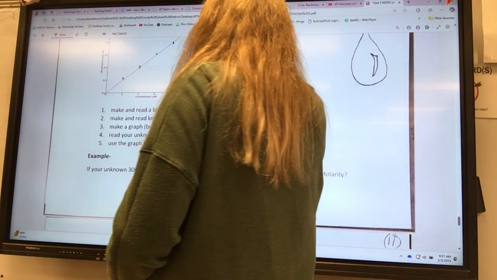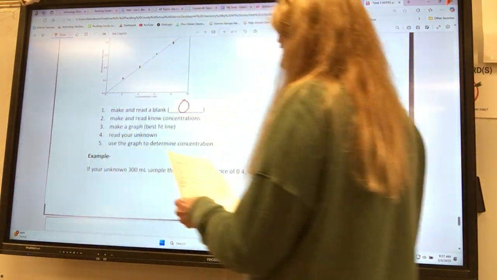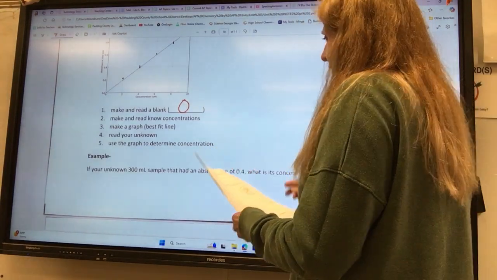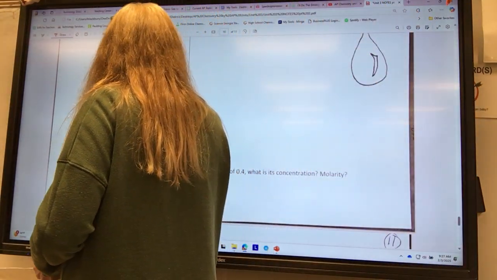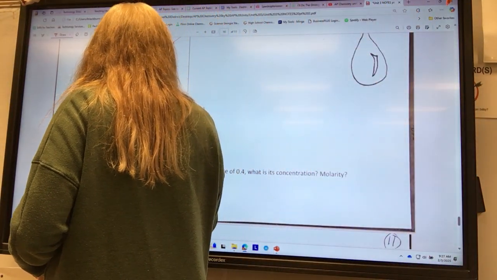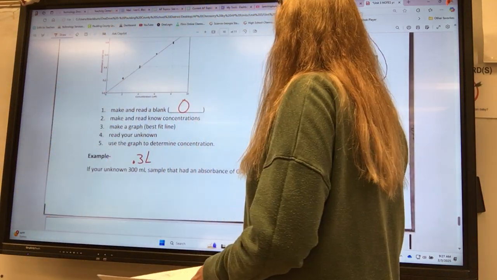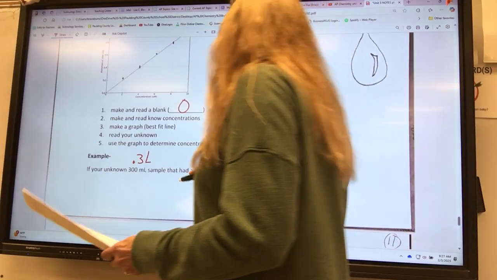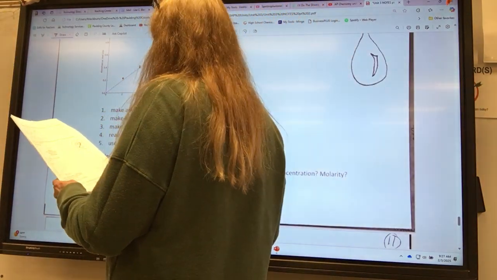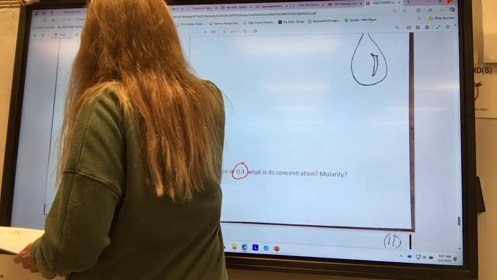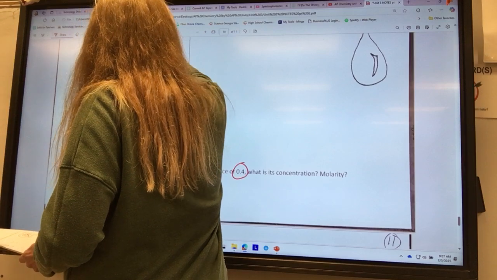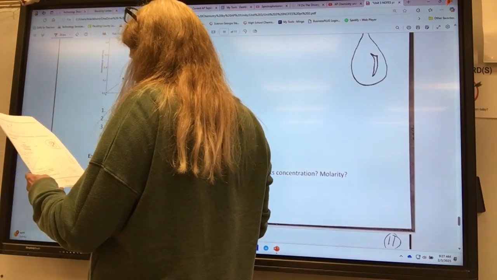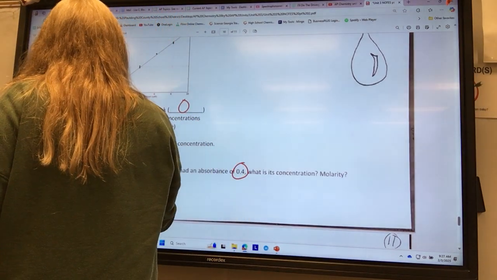Okay, so use the graph to determine your concentration. For example, if your unknown 300 milliliter sample, so we're going to need this in liters, so I'm going to put 0.3 liters, had an absorbance of 0.4, what's its concentration? And then it says, what's its molarity? So we can look at it this way.